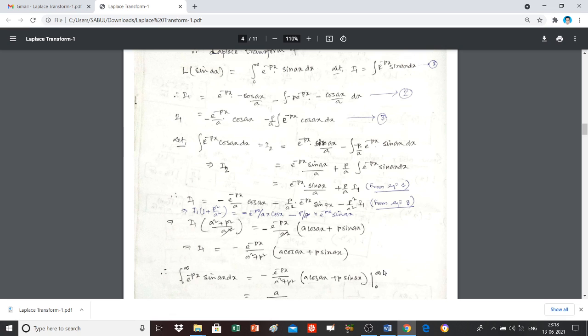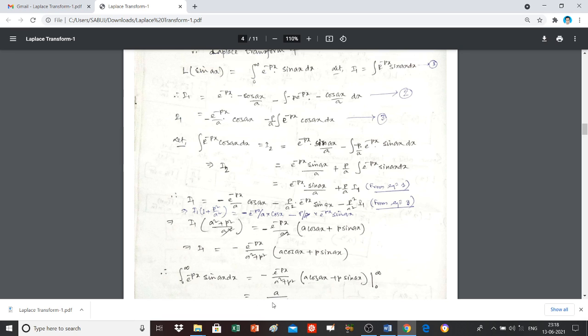In this case, for infinity this will produce a null result, and for the lower limit another negative sign will appear, so a positive sign, and after that if you use the value 0, this will provide you 0 for the sine term, and from here 1 by a square plus p square, and a into 1, that means a by a square plus p square in the denominator.